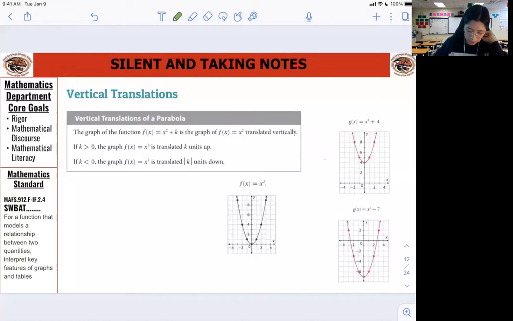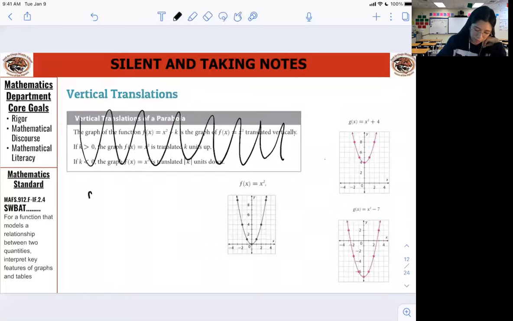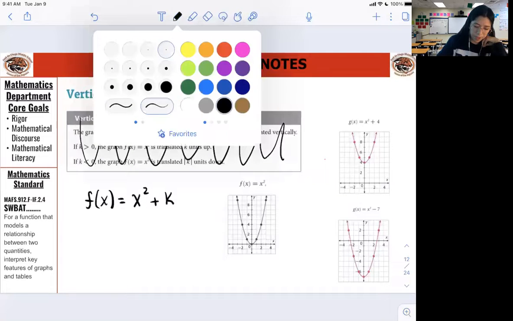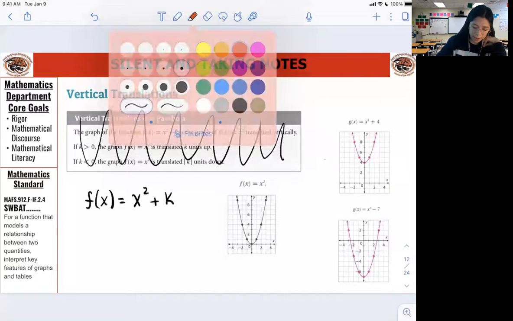Now there's kind of a lot written down here, but it's actually really good, useful information. But here, let me actually do it this way. So ignore what it says here, because sometimes the textbook makes it more confusing than it needs to be. So we have a k. Now the k is added to the end of it.